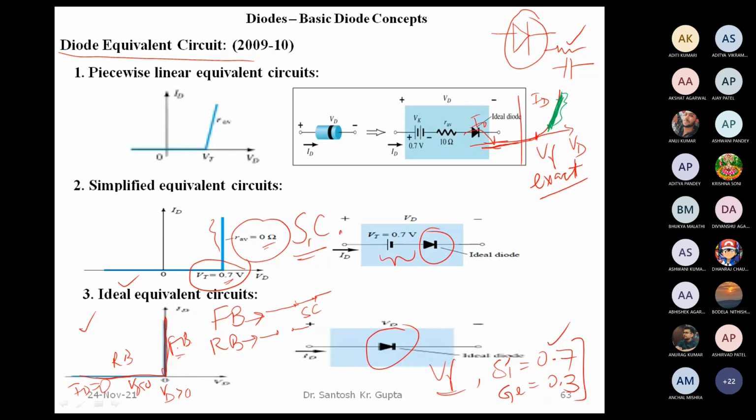In this we can assume a constant resistance, which is equal to the on resistance of the diode, or what is called the average resistance. This is not the exact case, but a very simplified one.